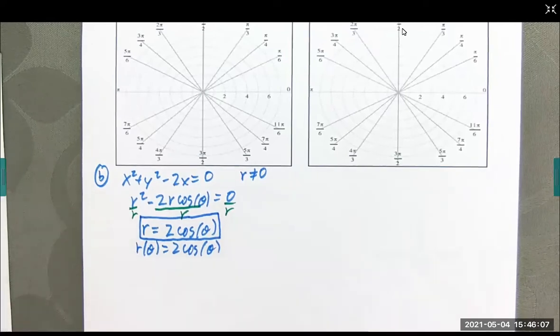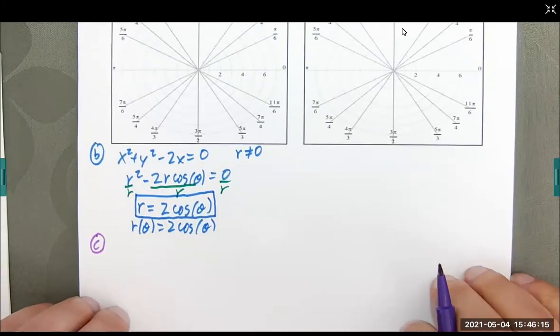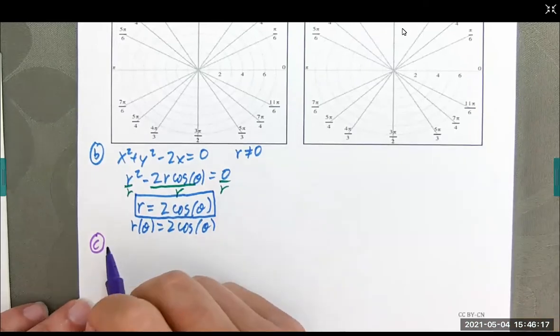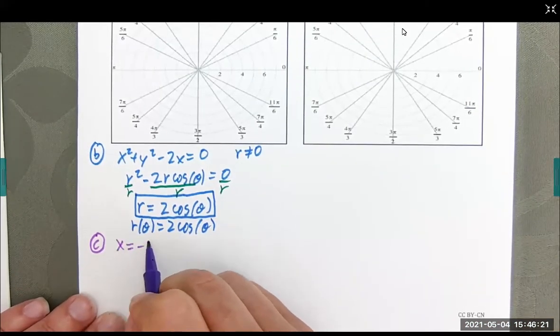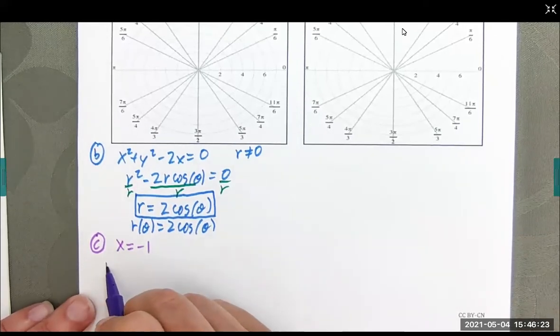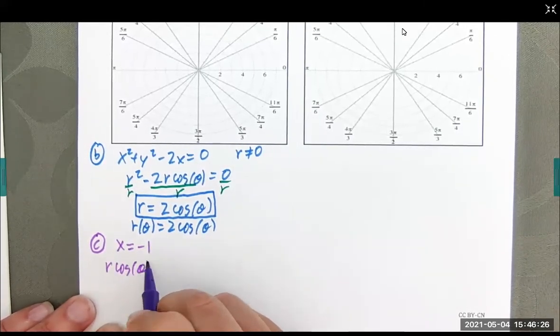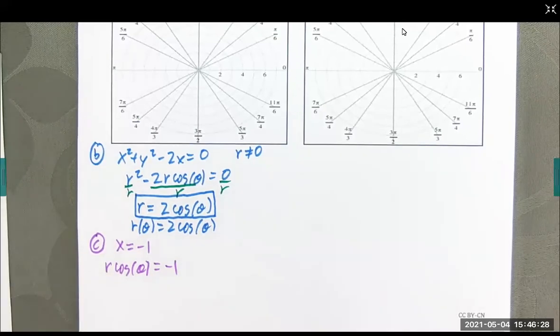Part C, let's do a different color here. Part C is x equals -1. X we know is r cosine theta equals -1. And if we can get r by itself, we do try to do that.